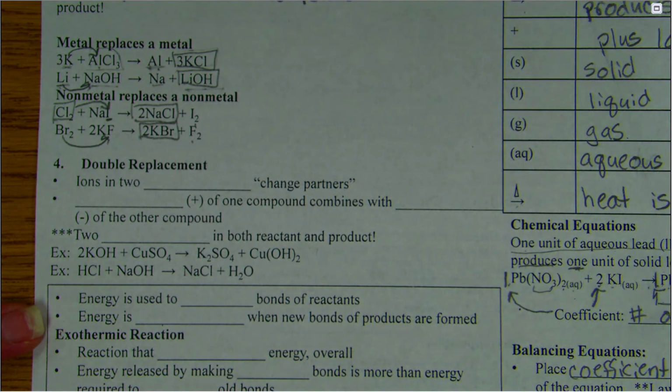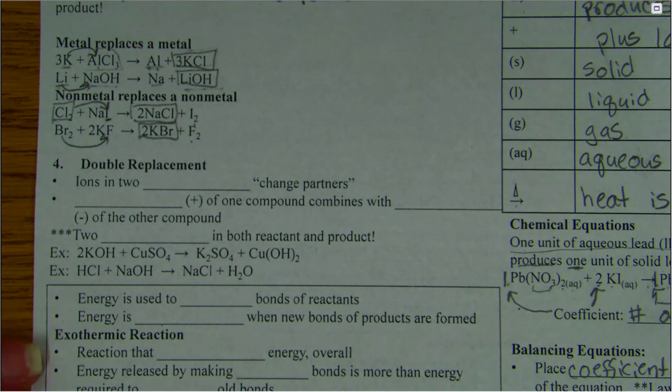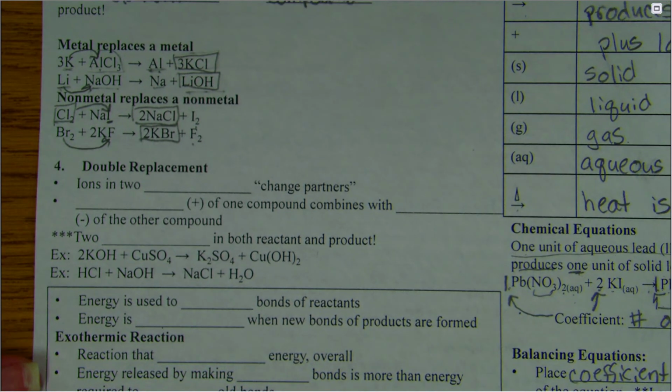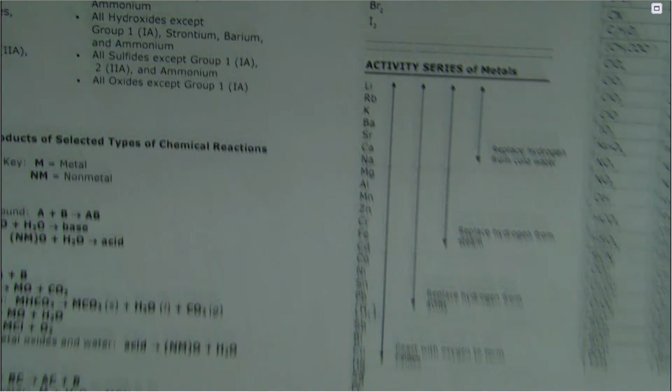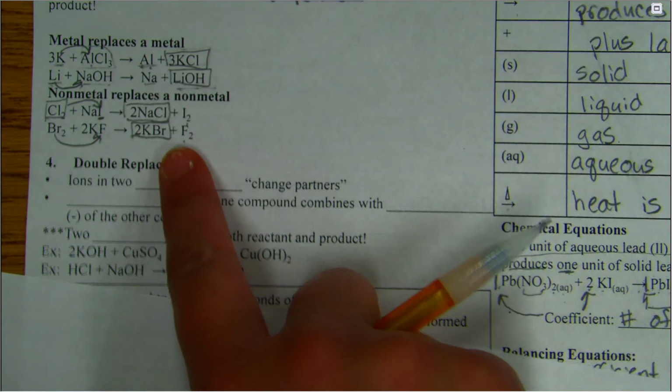Now, in these examples that I have provided, some of them don't actually work in real life, in nature, okay? So when you get to chemistry, for example, next year, you're going to learn about the activity series. And you're going to learn how to determine, will these reactions work, yes or no?